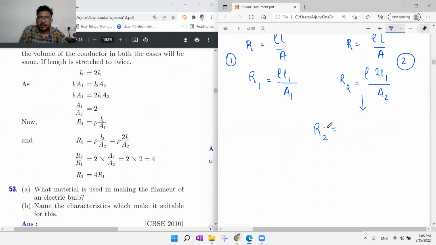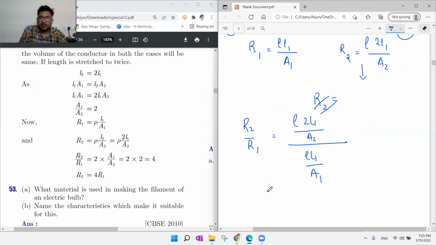Now what we can do is take the ratio R2 by R1. What is the R2 value? Rho 2L1 by A2, upon the R1 value, rho L1 by A1. Now the denominator goes to the numerator as a reciprocal, A1 by rho L1.